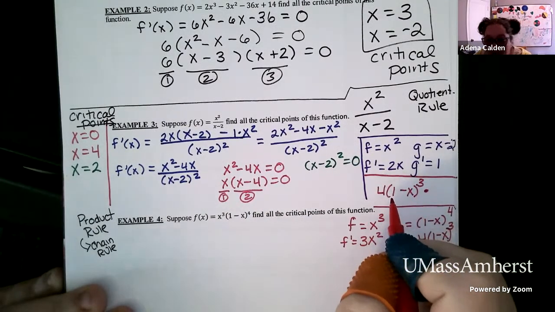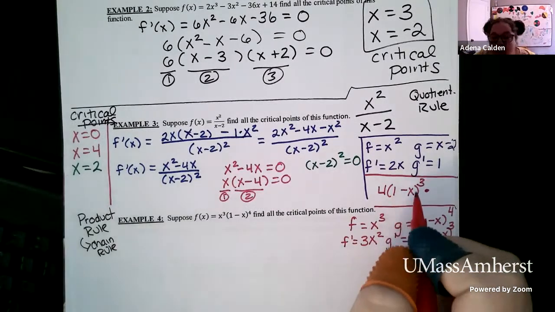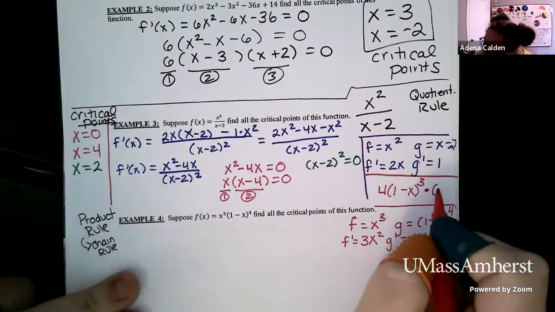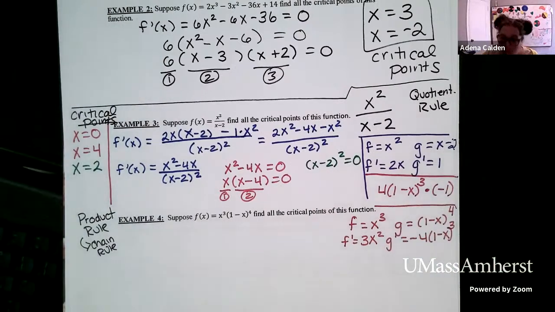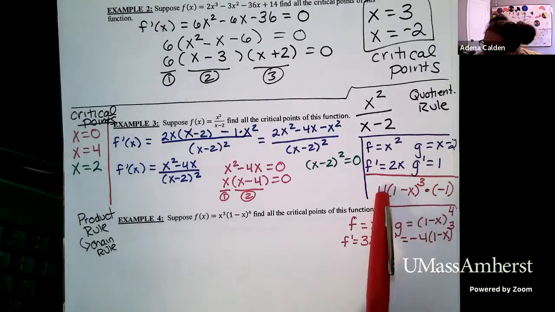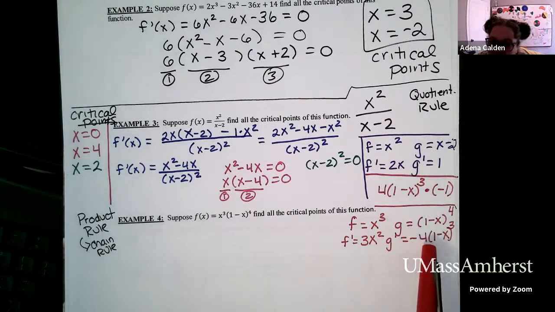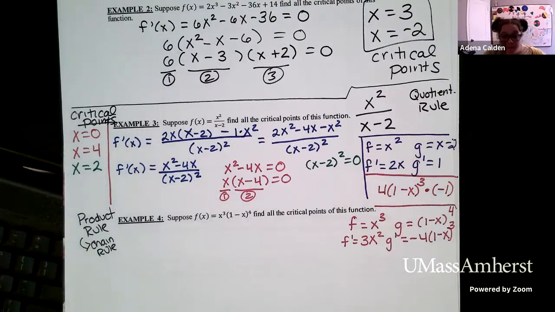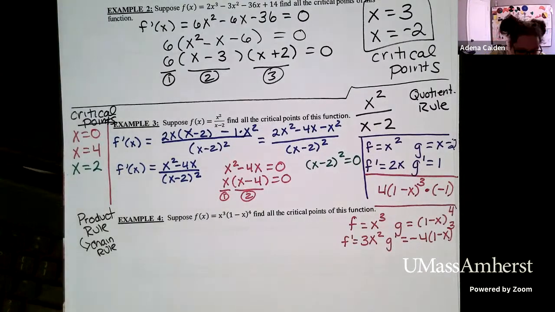The derivative of 1 is 0 because it's by itself, and the derivative of minus x is negative 1. Okay, so don't lose that negative. That's really easy to miss. And so what I did is I simplified this just by bringing this negative 1 to the front. So negative 4 times 1 minus x cubed. Okay, so that's the first part where we have to be really careful.